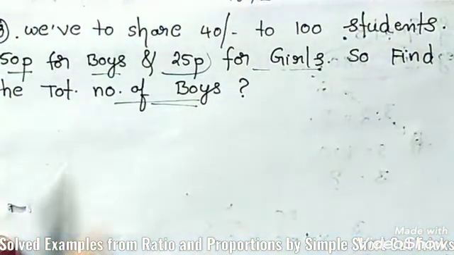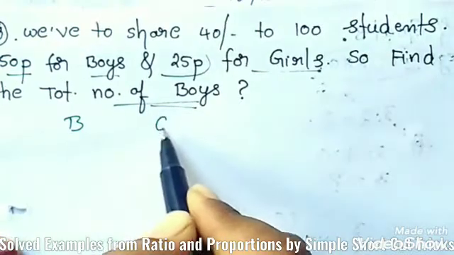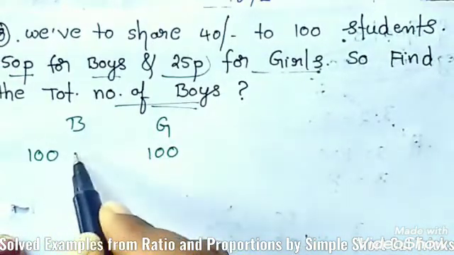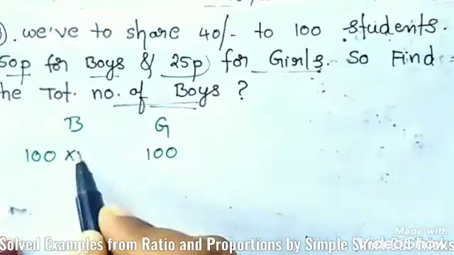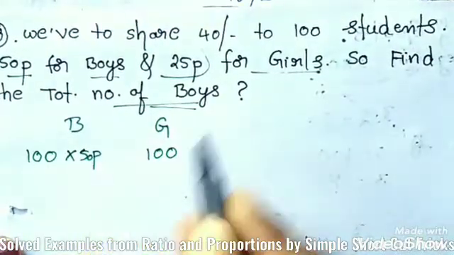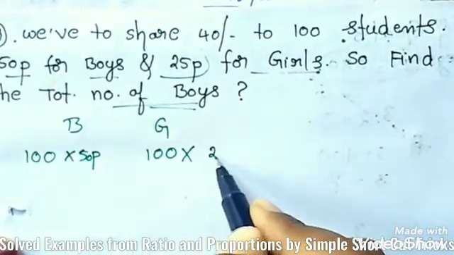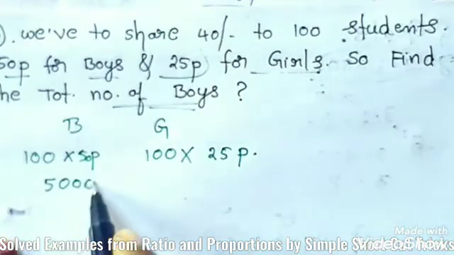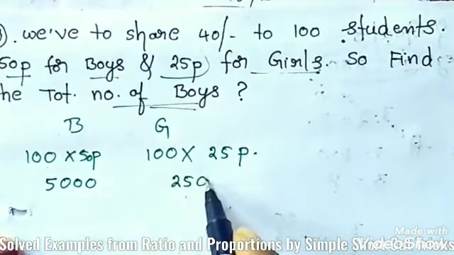Okay. Boys and girls they have given. So total 100. Here also total 100. For boys, how much have they given? 50 paise only. 50 paise. For girls, 25 paise. Here it is 5000. Here it is 2500.